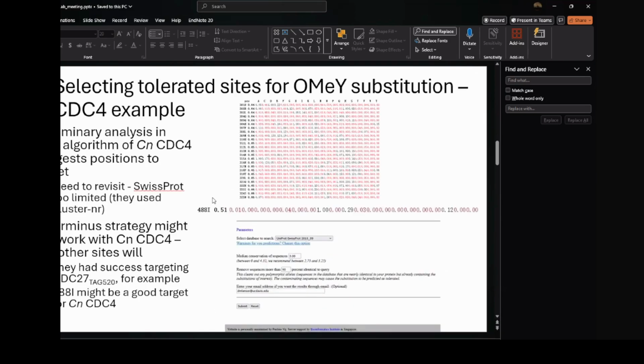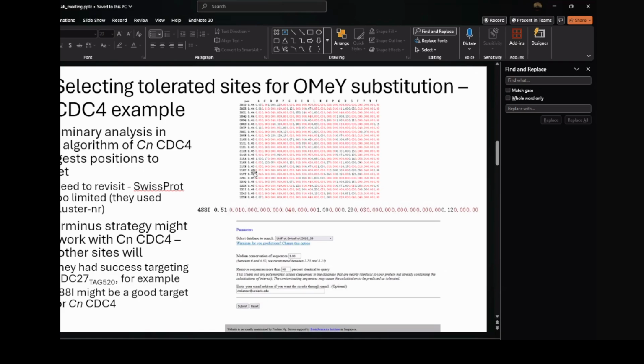So anyway, moving on with how you actually would go about selecting a site. I'll do this really quickly, just to make sure that I understood the tools that they were using. You can load in the SIFT algorithm, and it will give you an alignment with closely related species, and then the substitution rate at each site. I identified some sites within CDC4 in Cryptococcus where you could potentially make a mutation.